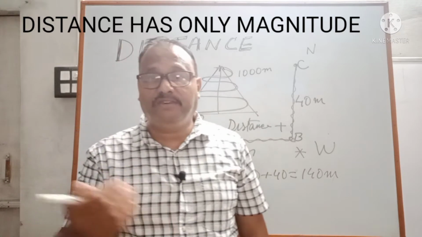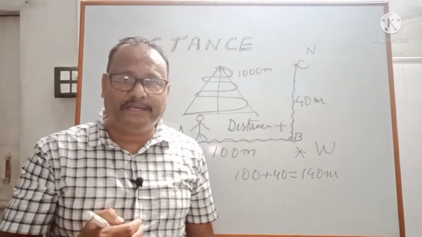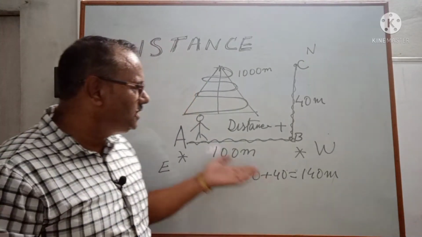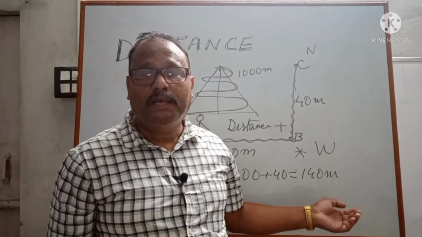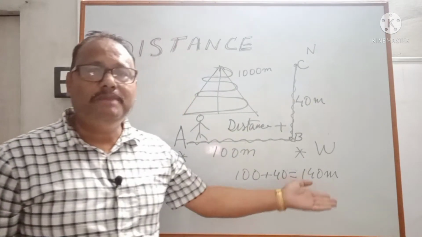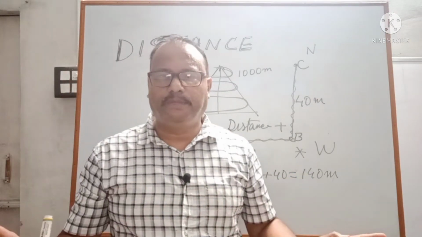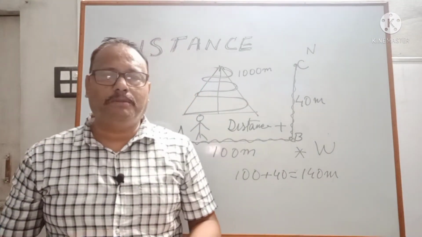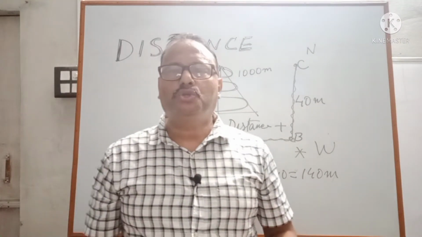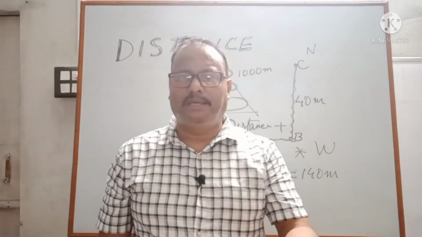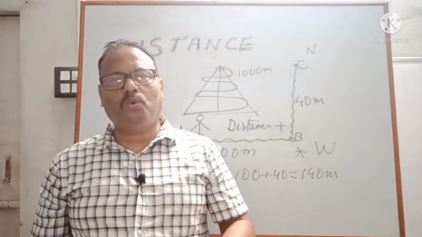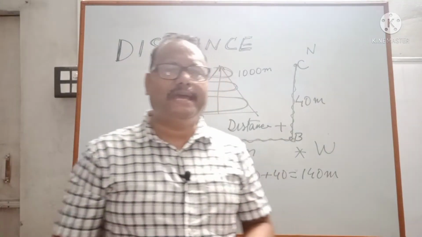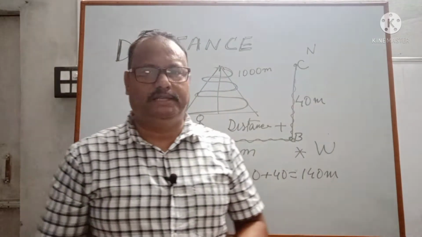If I say 5 kg, 5 is the numerical value, kg is the unit, and 5 is the magnitude. So here the magnitude is 140 meters. 140 meters has no direction. 140 meters can be east, west, or any direction. So when I have to express anything with only magnitude or only quantity, that is called a scalar quantity.